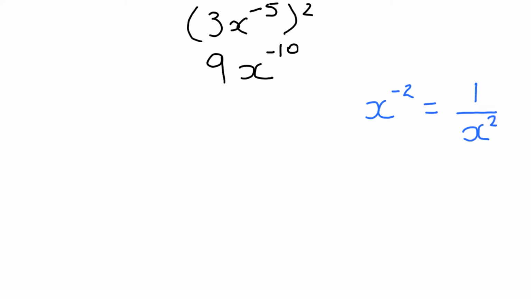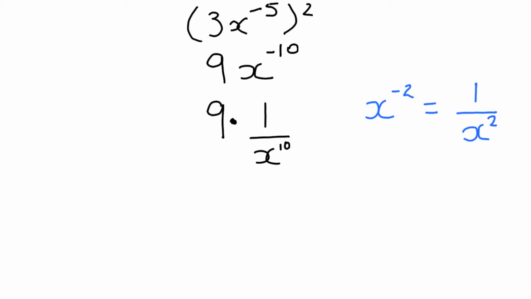To get rid of this -10 exponent, we're going to have 9, leave it where it is, times, and I'm going to multiply by the reciprocal and turn the 10 into a +10. So it's 9 times 1 over x to the power of 10.